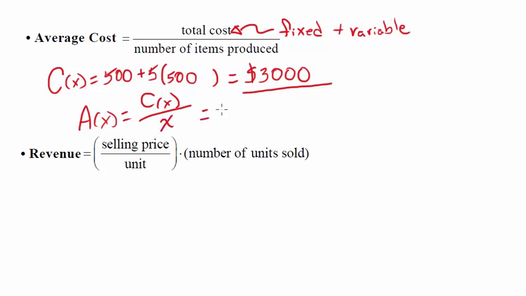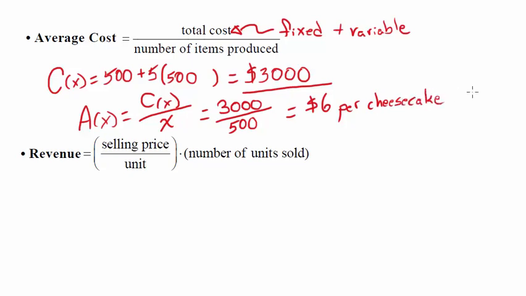So this would be $3,000 over 500 cheesecakes, and we end up with $6 per cheesecake.